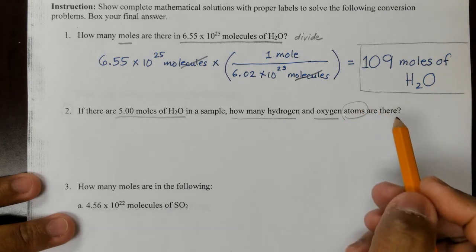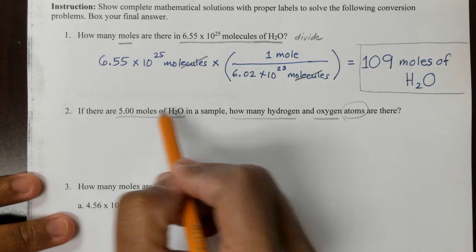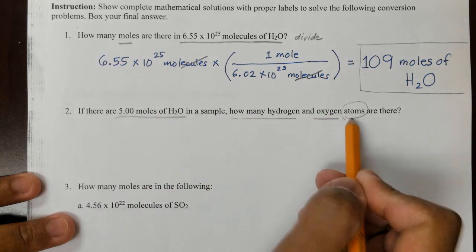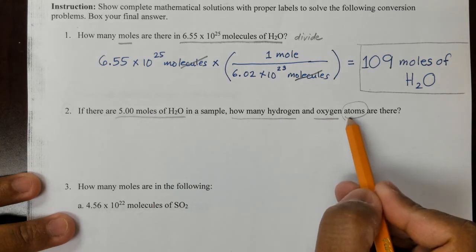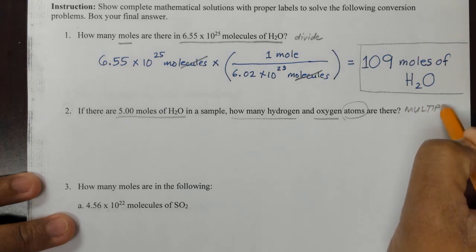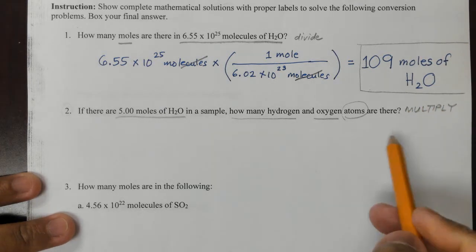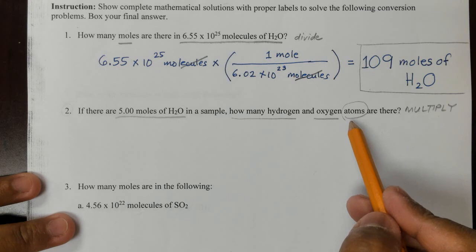But the first question is, what type of conversion is this? I am given the mole and I'm asked for the atoms. So this is a mole to particles conversion. And in a mole to number of particles conversion, we're going to multiply. And because you're asked for the number of atoms, I have to look at the subscript afterwards.